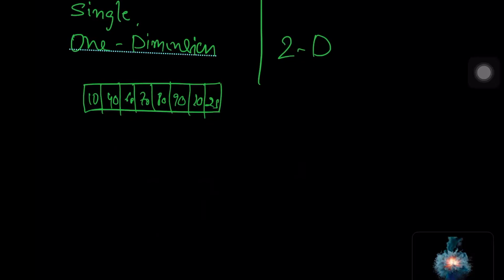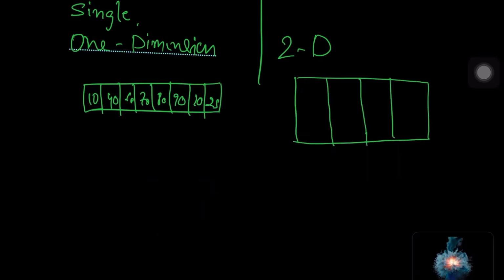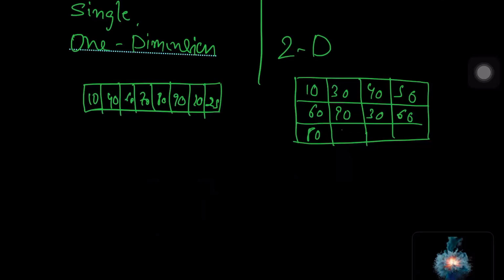Okay, how will the two dimension array look like? So you all worked on matrices, right? In higher secondary and all you might have. So it's a 2D matrix. It looks like a matrix. So you say 20, 30, 40, 50, 60, 90, 30, again 60, 80, 100, 120, and 160.